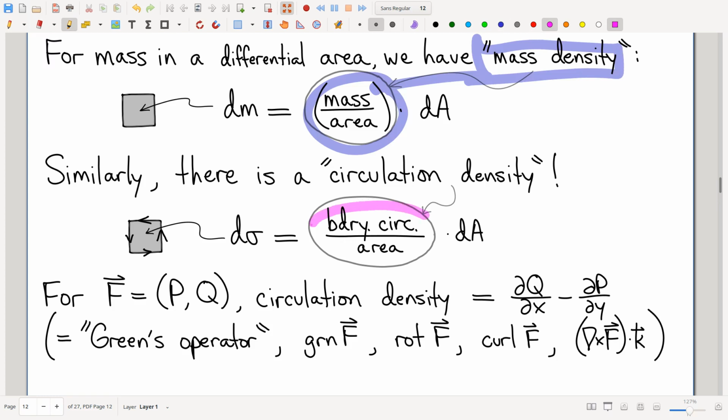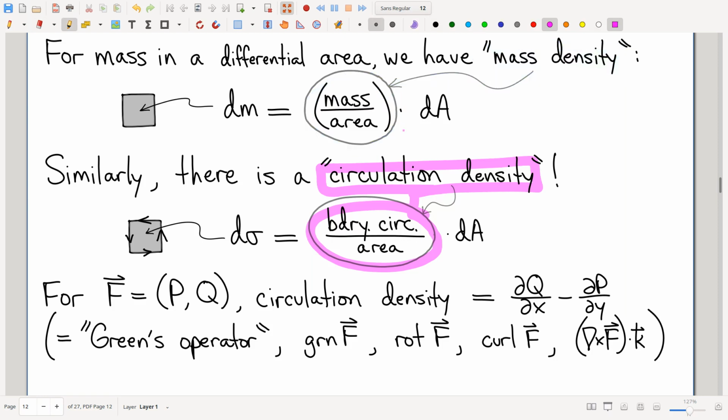Here, my accumulating quantity is circulation, and so I'm going to be using this term, circulation density. All right? Is that cool? I know it's psychologically a little bit of a stretch. Seems like a weird thing. Again, we're viewing this circulation as being stuff, and that's seemingly very strange.